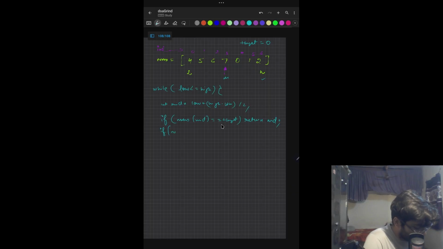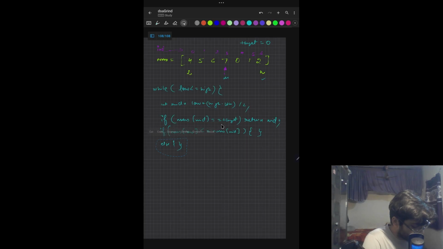So nums at the position low should be less than or equal to nums at the position mid. If it is, then this case will run, and if it is not, then another case would run. Let's first talk about this case.